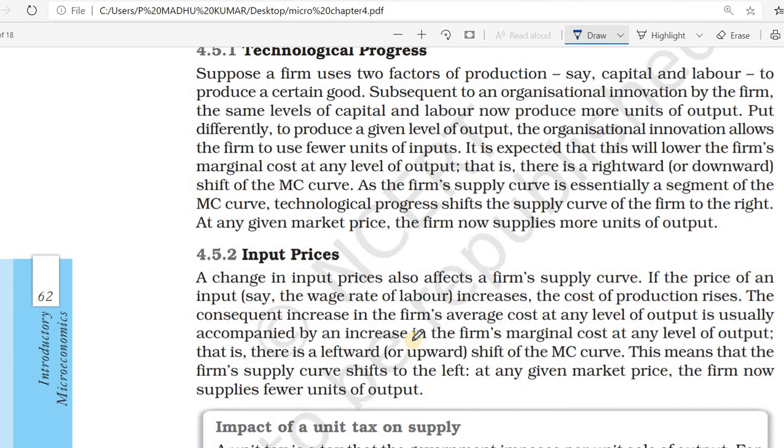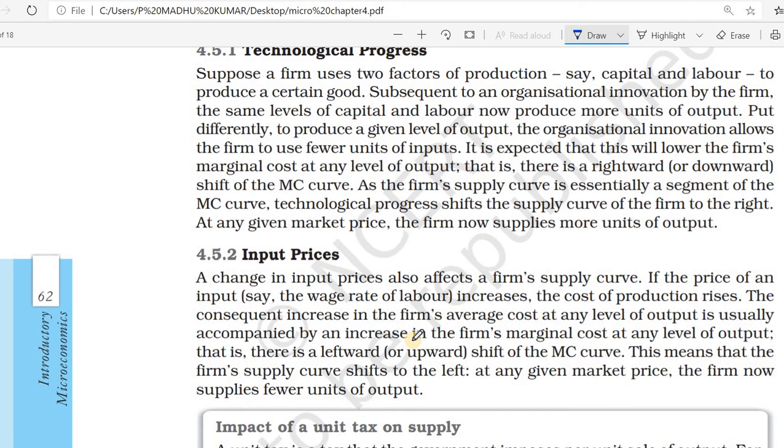Innovations in technology may need some cost adjustments, but we still get more production. Then the marginal cost curve will shift rightward.